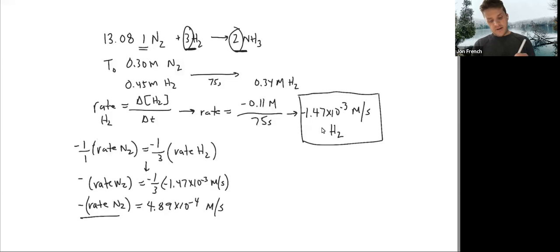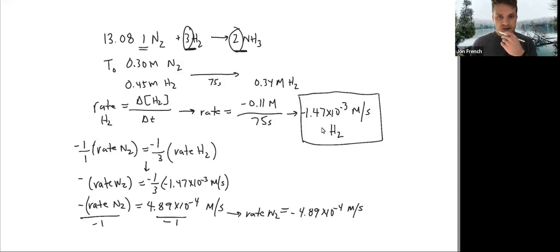So we'll divide by the -1, divide by the -1. The rate for nitrogen is negative 4.89 molar per second. All right, got the rate of nitrogen.